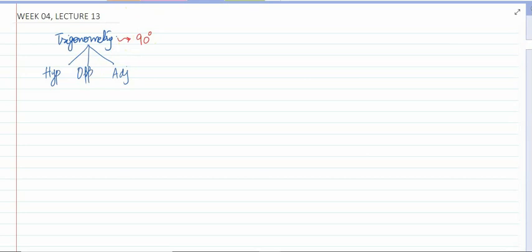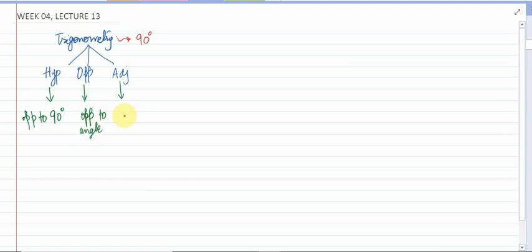And there are some tricks and techniques to remember which side we call hypotenuse, opposite and adjacent. Hypotenuse, we discussed, is opposite to 90 degree. Opposite is what? Opposite to angle, and adjacent is what?